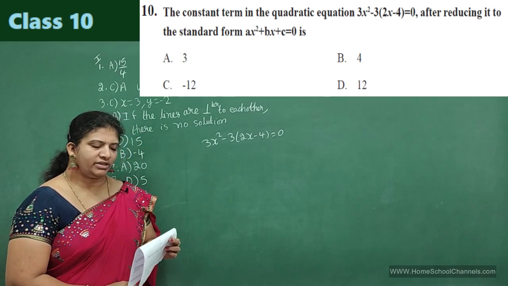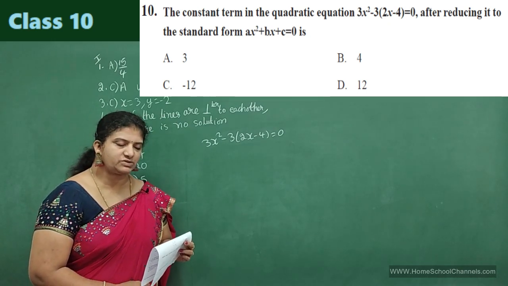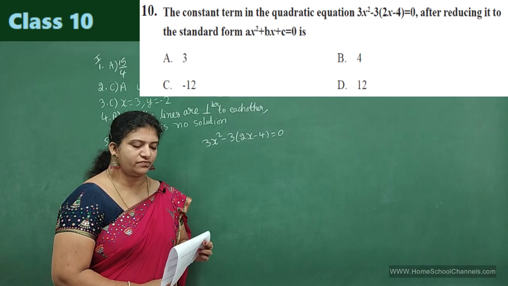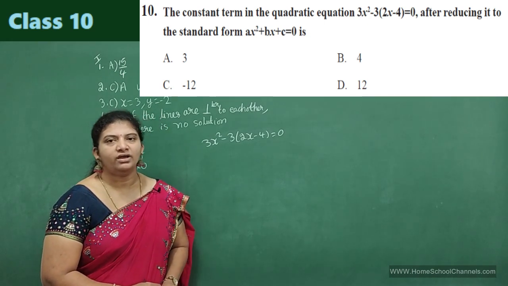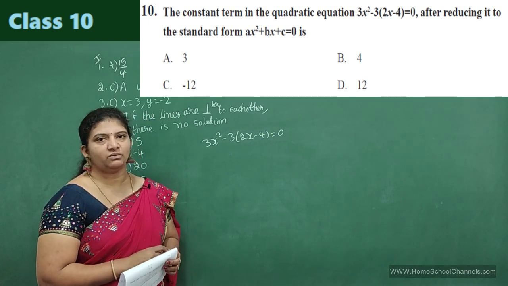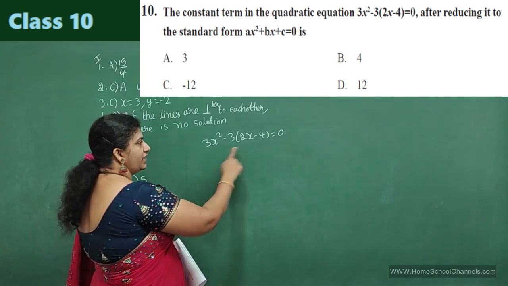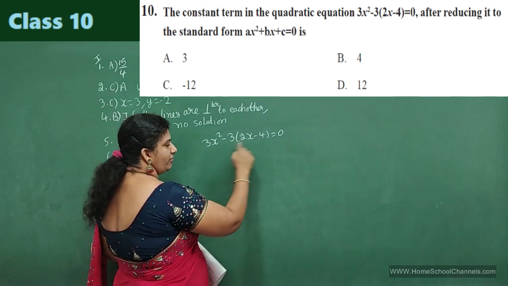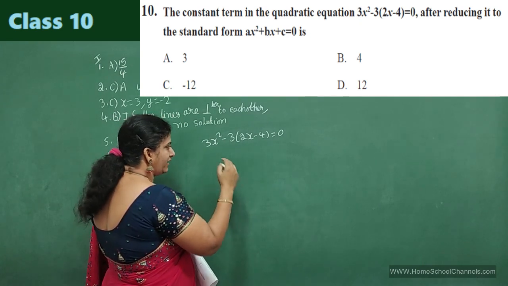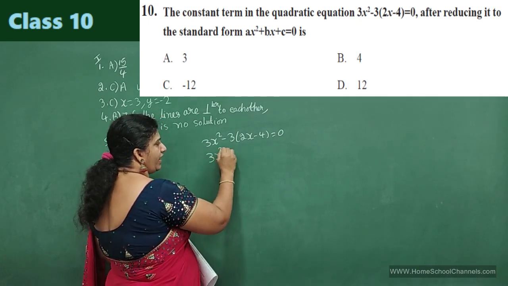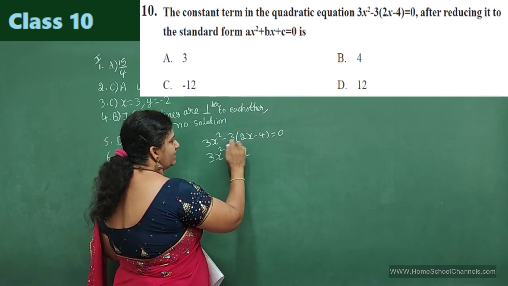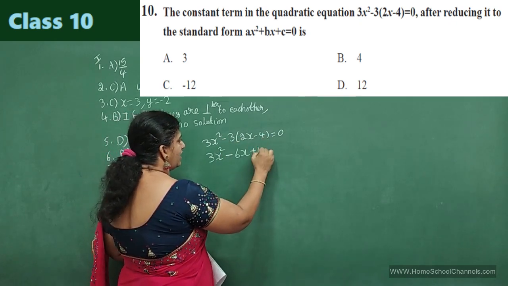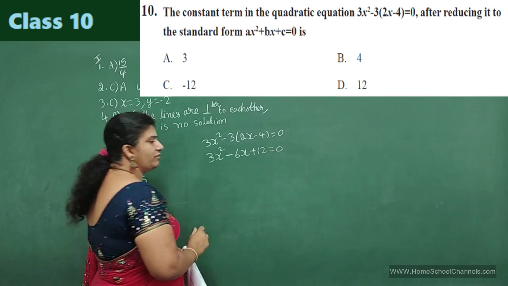The constant term in the quadratic equation 3x square minus 3 into 2x minus 4 is equal to 0, after reducing it to the standard form ax square plus bx plus c equal to 0. Observe the equation here. Remove the brackets and bring it to the standard form. 3x square minus 3 into 2, 6x, minus into minus plus, 3 4s are 12, equal to 0.